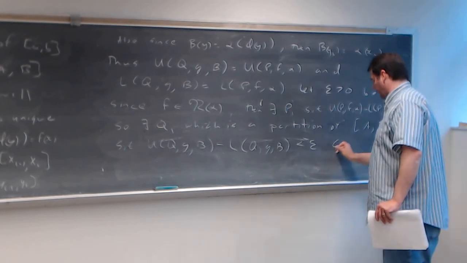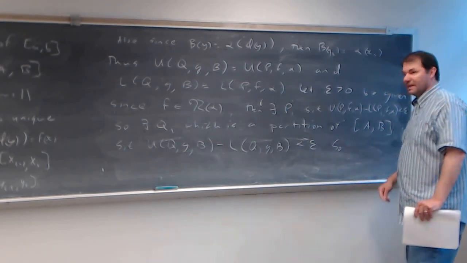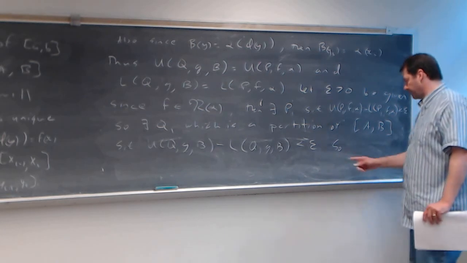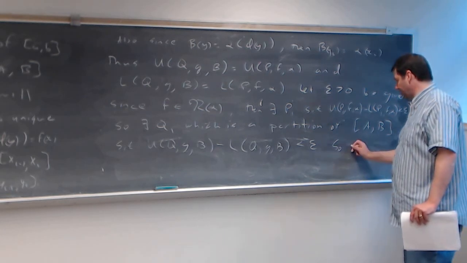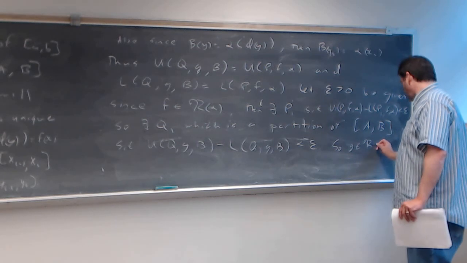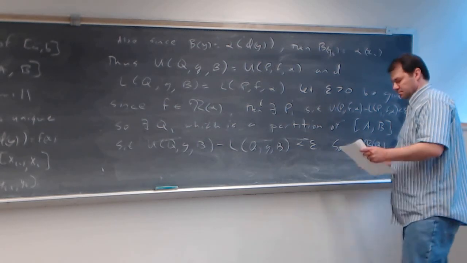That tells us, of course, by our biggest theorem in terms of determining whether a function is Riemann-Stieltjes integrable, that g is Riemann-Stieltjes integrable with respect to beta.